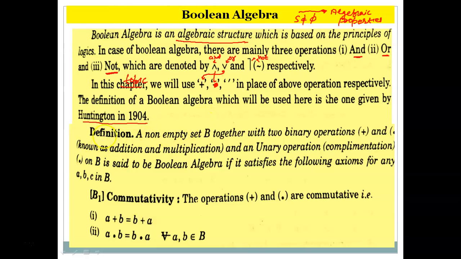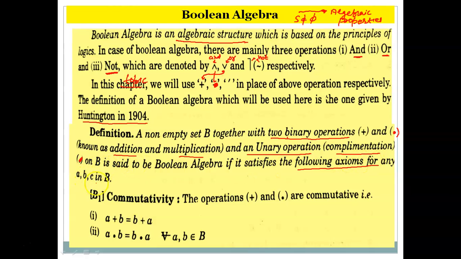The mathematical definition is as follows: a non-empty set B together with two binary operations, plus and dot, known as addition and multiplication, and one unary operation, called complementation, usually denoted by a dash on B, is said to be a Boolean algebra if it satisfies the following axioms.